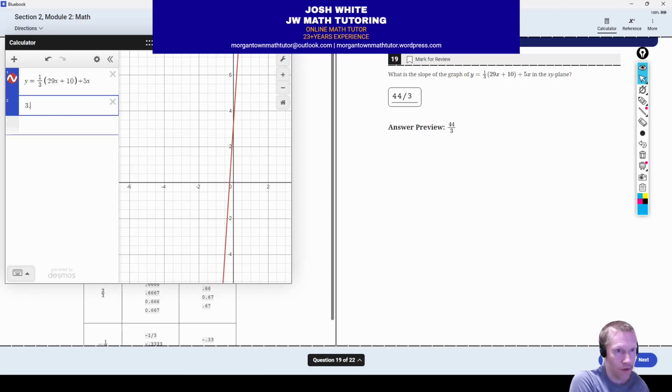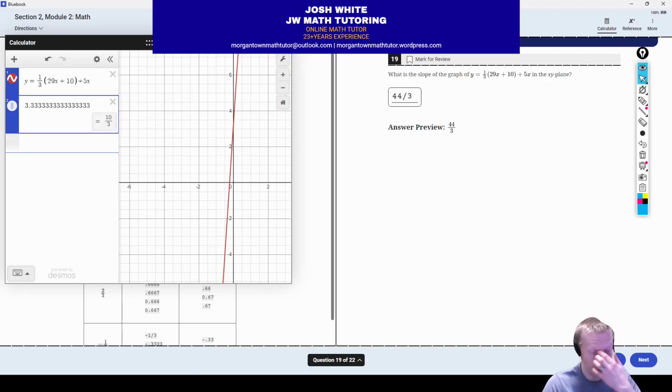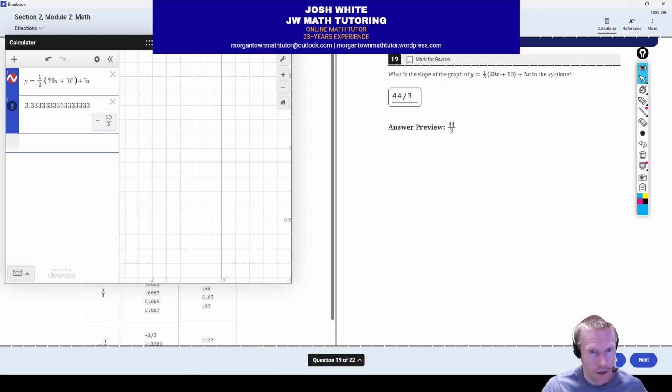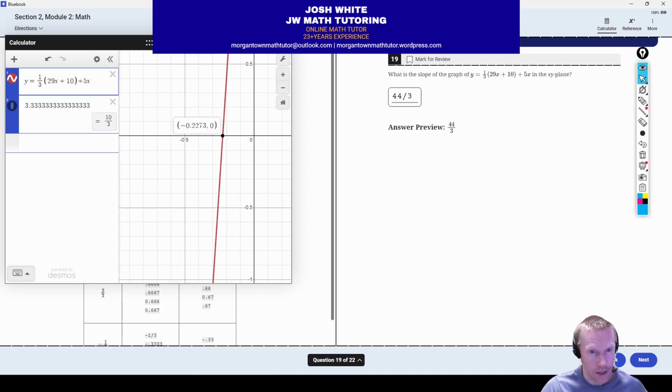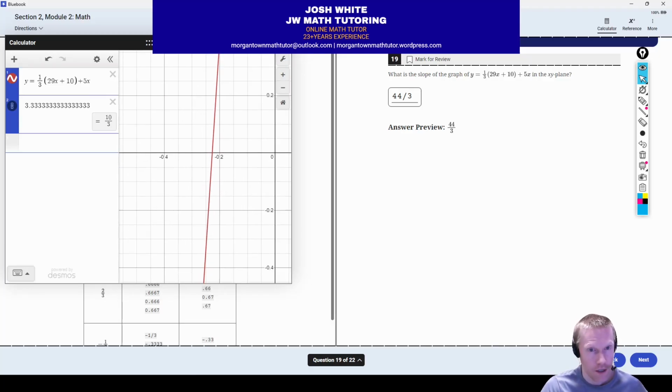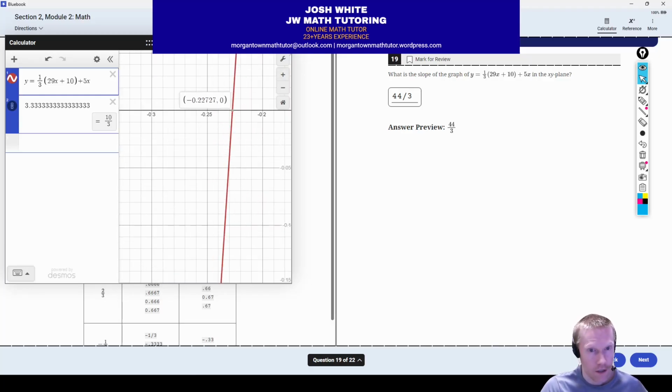That's fine. So what I'm going to do is notice here the first one is 3.3333. So if I type enough things here, yes, this comes up. So technically the first point is just 0, 10 thirds, okay? So I'll make a note of that. And my x-intercept, let's zoom in here, see if I can get negative 0.2273, negative 0.22727.